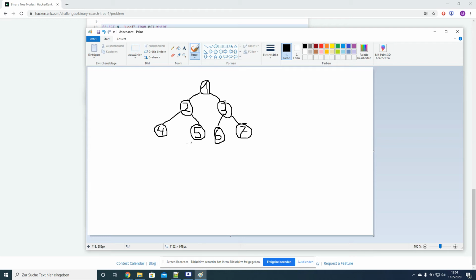And now we do the next row. We're still not at 15, so we continue. We have 8.